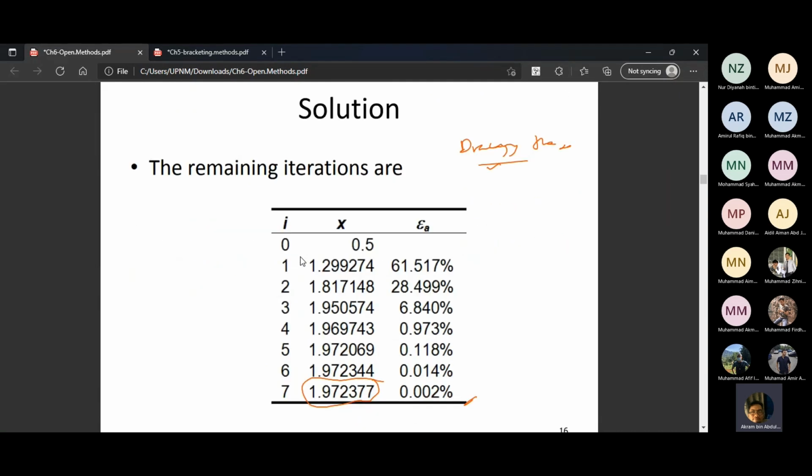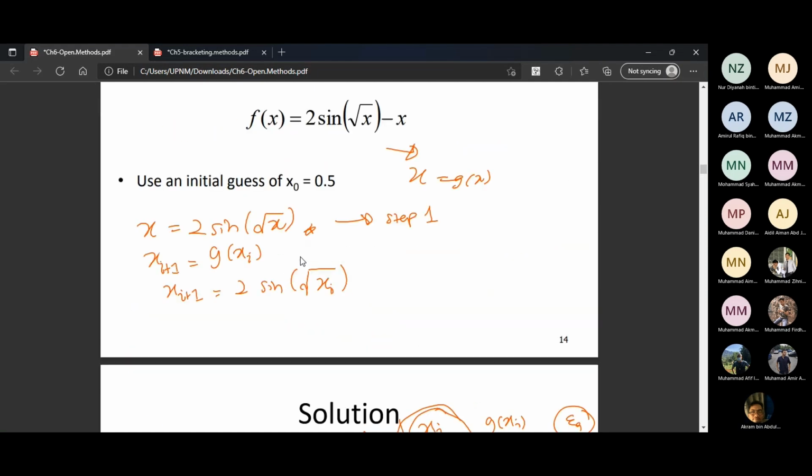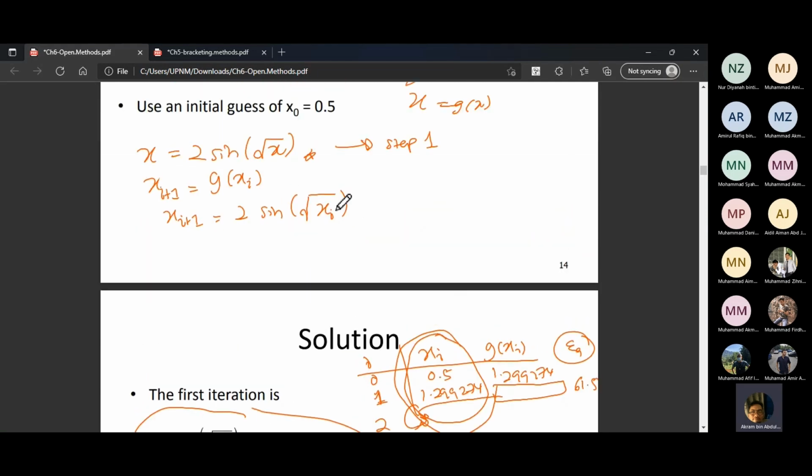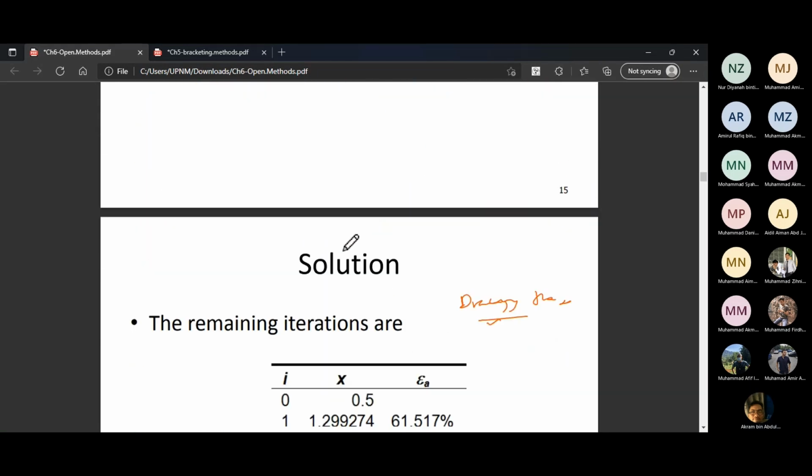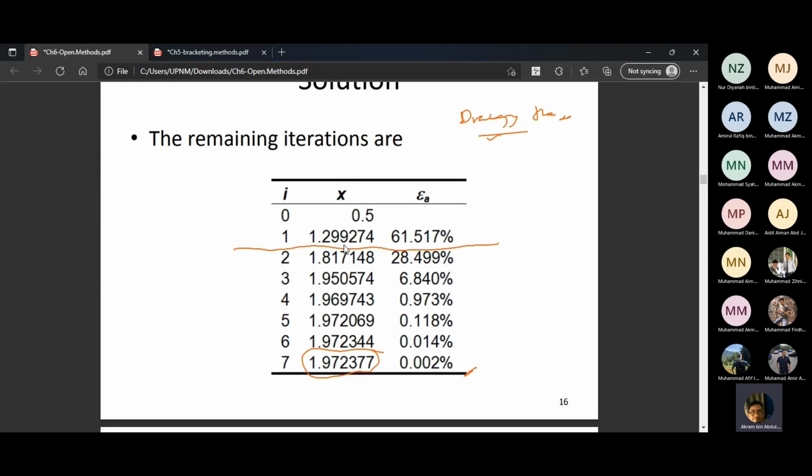We keep doing this iteration until, in this example, we continue with the remaining iterations. In the previous slide, we have done until this step. So we continue, using the same equation, which is 2 sine square root of x, and we keep changing the value of x based on the previous calculation.